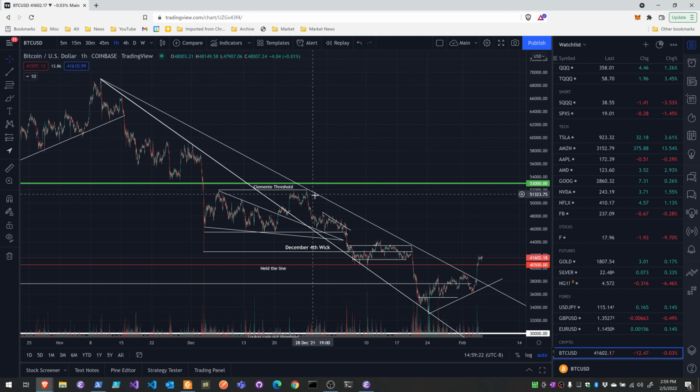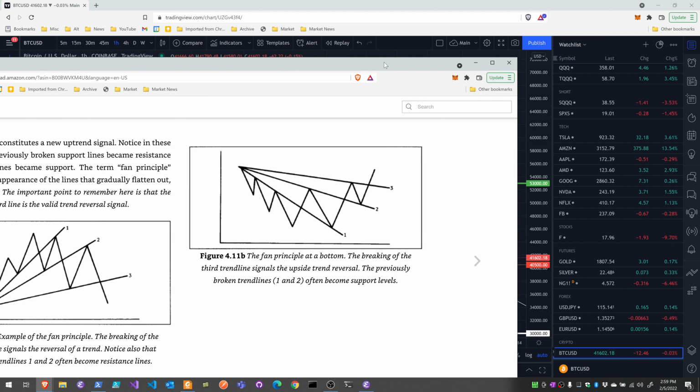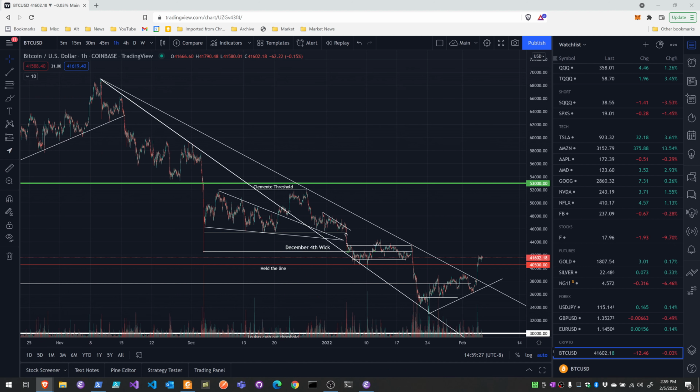So if you're going with the fan principle model, this would now be line number two. Most often you'll see people drawing line number two in a lot of charts these days, and I don't see line one drawn very often.